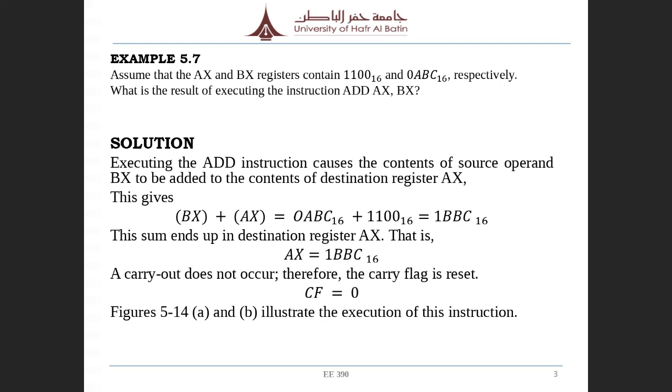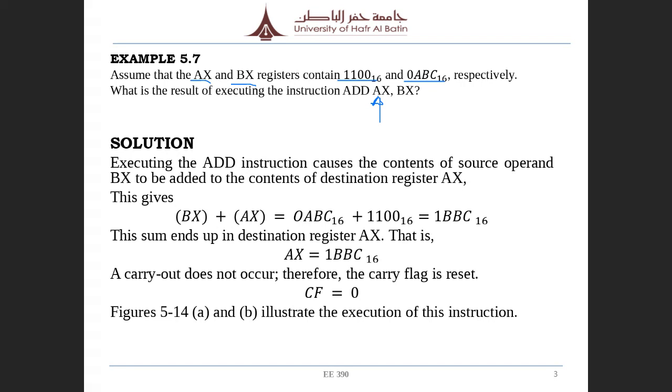For example, AX and BX register contents are 1100 and 0ABC, in hexadecimal. BX content is 0ABC, and AX content is 1100. What will be the result if there is an instruction ADD AX, BX? That means the contents of AX and BX will be added, and the result will be saved in the first operand. The first operand is AX, so the result will be saved in AX.